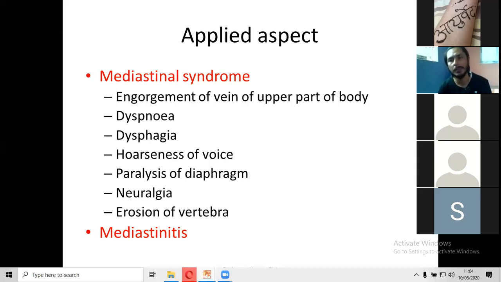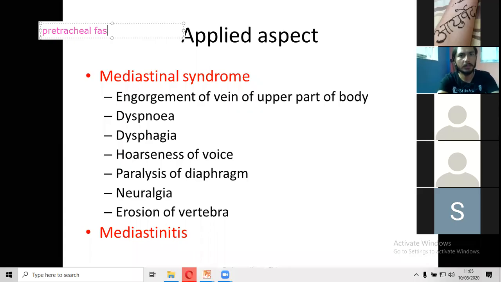Through the space between these fasciae, the mediastinum communicates with the neck region. So there is direct communication. First the superior mediastinum communicates with the neck, then the posterior. So if any infection is in the neck region, it may descend to the mediastinum also. Are you getting it? Yes, sir. So the pretracheal fascia.